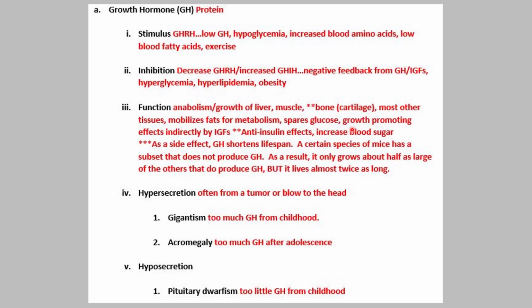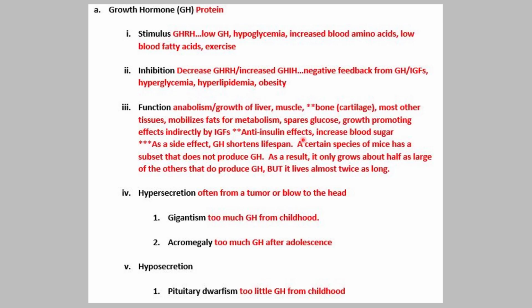So when insulin and growth hormone are both released, growth hormone kind of kicks insulin out of the way. It doesn't let insulin do its job. And remember, from the pancreas, insulin's job was to tell the cells to bring glucose in from the blood. Well, if insulin isn't having an effect, glucose remains in the blood and blood sugar goes up.